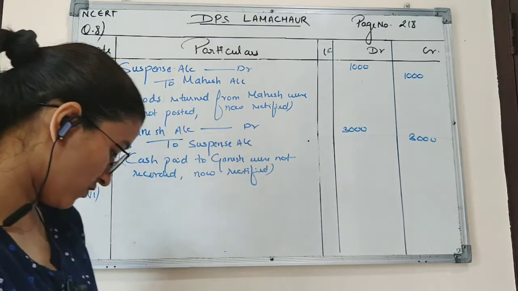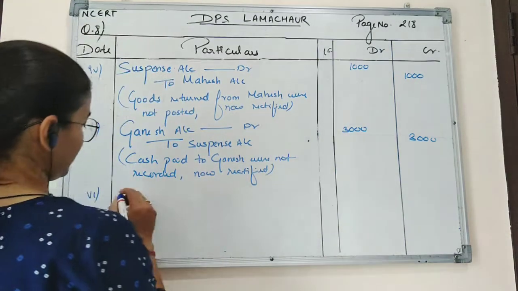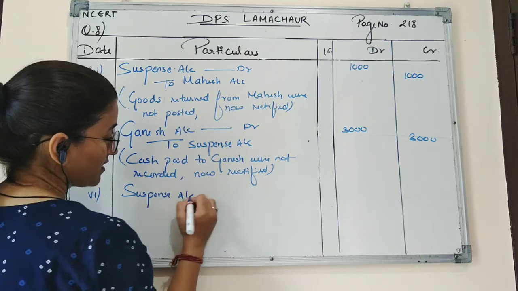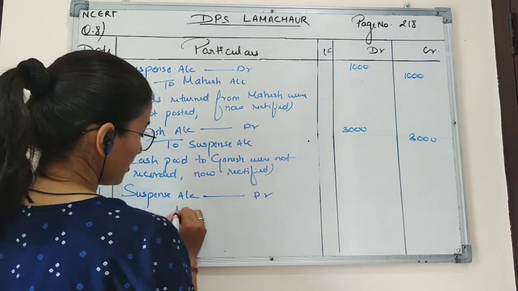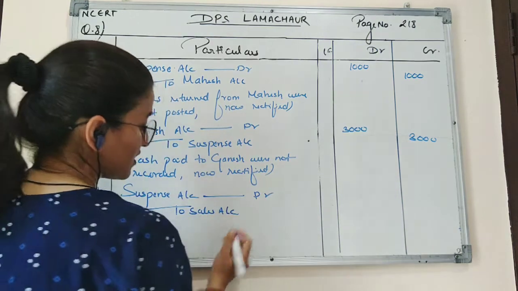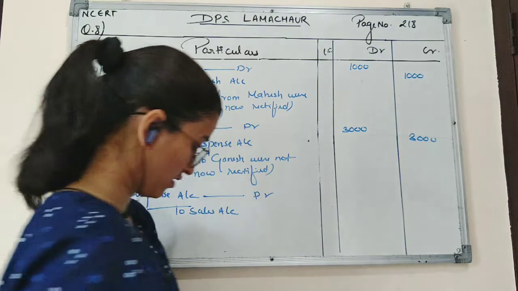And the last transaction is cash sales rupees 2000 were not posted. So journal entry for this transaction will be suspense account debit to sales account and the amount is 2000.